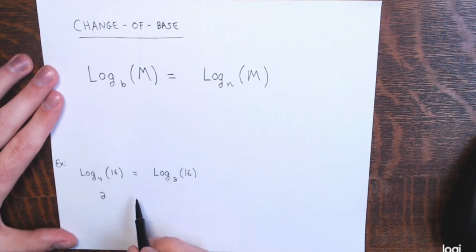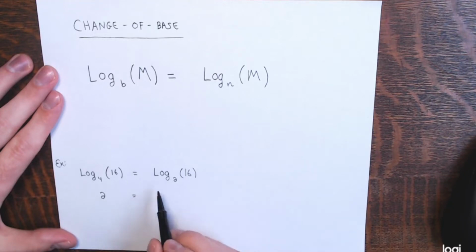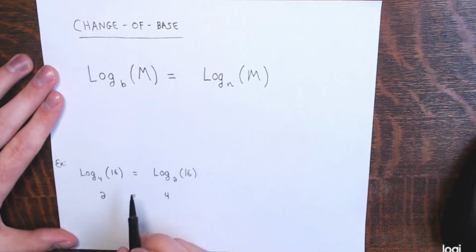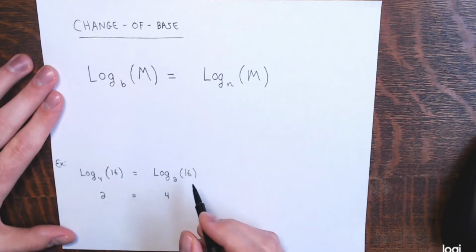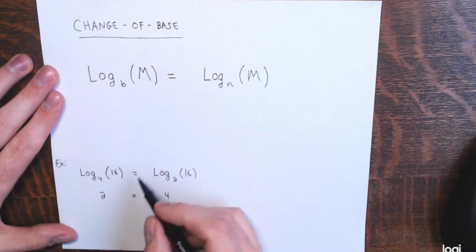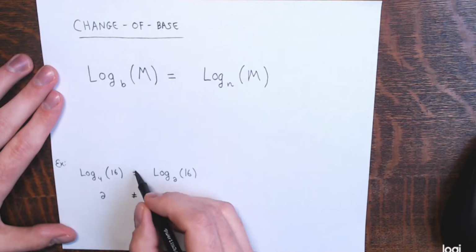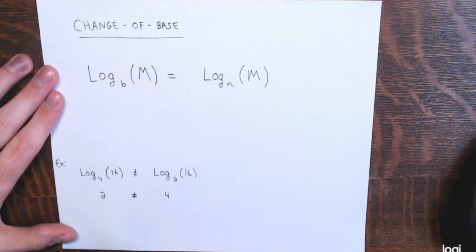Well, log base 2 of 16 is 4, right? 2 to the fourth power is 16. So you see how they're not equal right yet? So I got to do something else, right? Just changing the base, these are not equal. So I can't just change the base to whatever I want and then leave it.